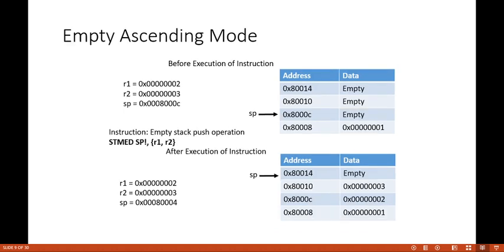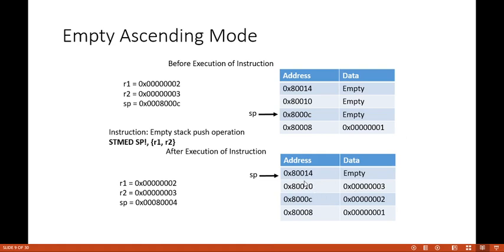Next one is empty ascending. Now what is the difference here? In the previous case, C was containing the address here. 14 was containing the address here. Here the current location is empty. The current location is treated as an empty location and there your data is stored and then it will advance. So always it is pointing to the memory location which is empty.